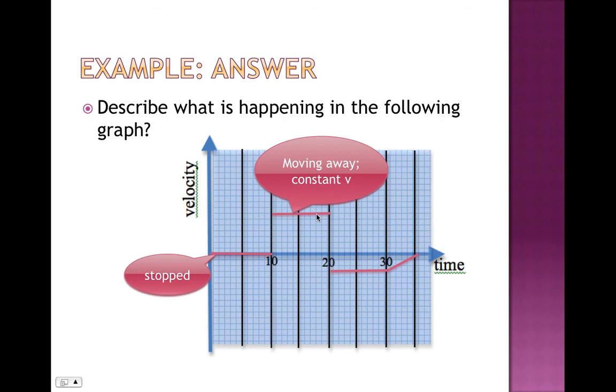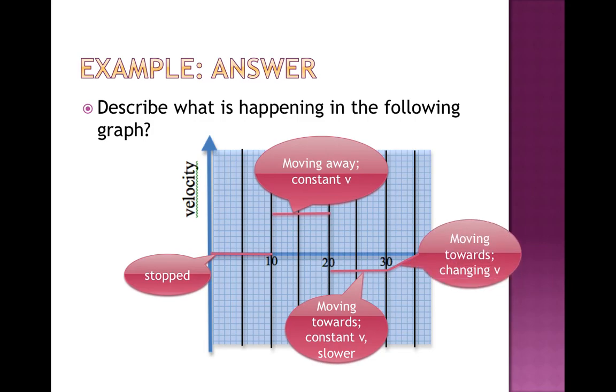So this is moving away at a constant pace. Here, we're still moving at a constant pace because we're flat, but now we're moving towards the detector because the velocities are negative. And in this last section over here, we're still moving towards because we're still negative, but now we are changing our speed.